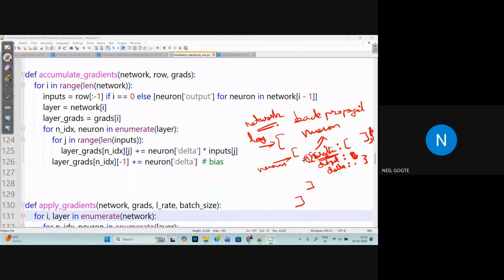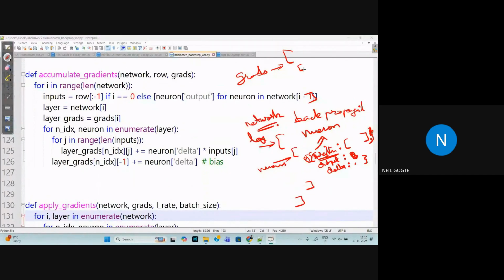Now we have computed all this during backward propagation. Now we are going to use it to update the grads data structure. Grads also is a list of layers.